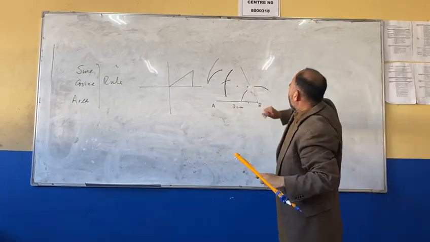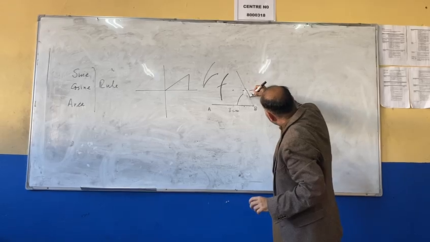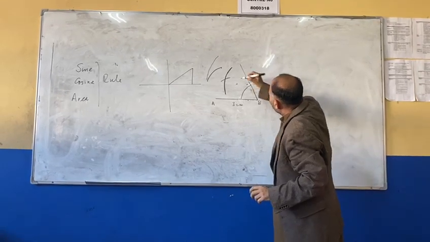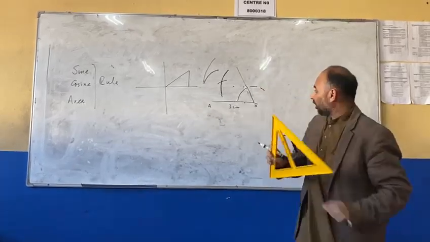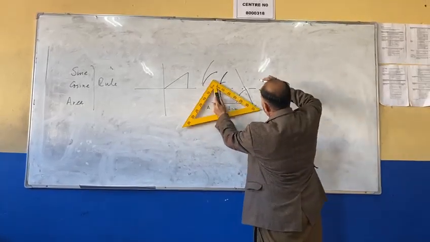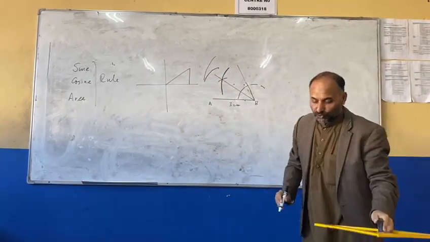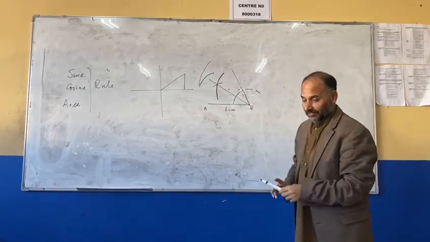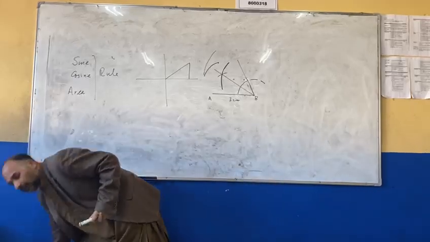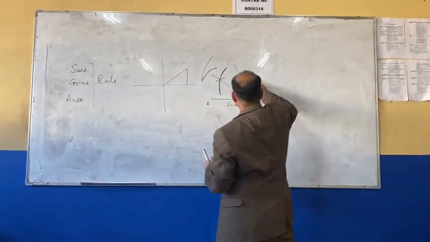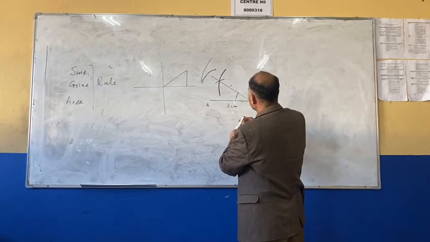Okay, I think we should take this off, it's disturbing us. Now this point, guys, if you join it again with the starting point here, the angle which you get is what? 30 degrees. We are only interested in the 30 degrees angle.